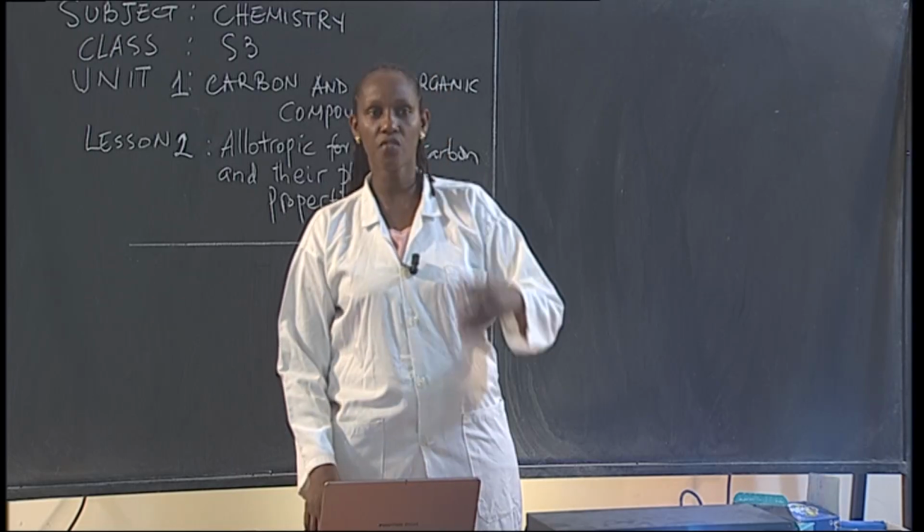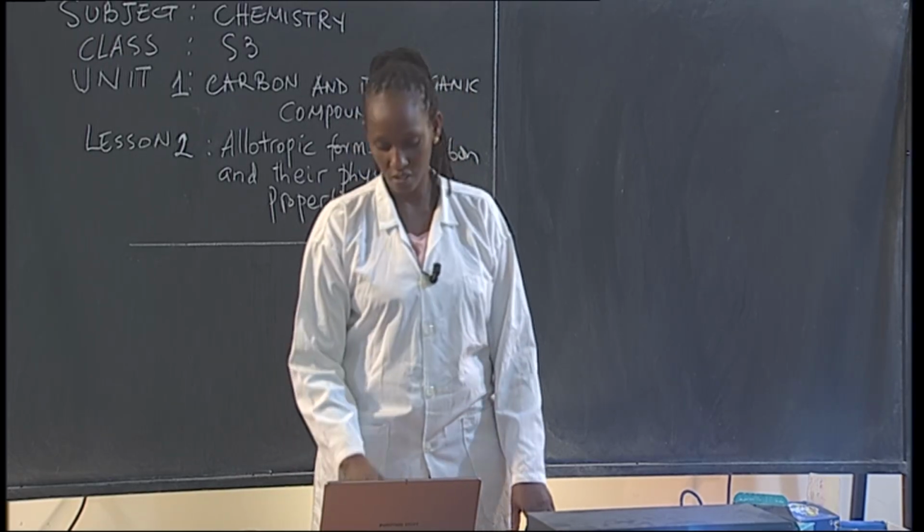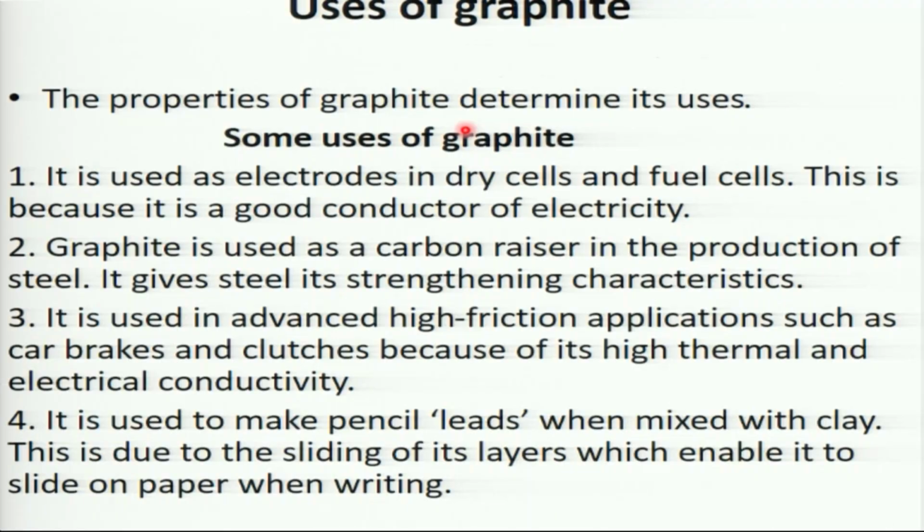The properties of graphite determine its uses. That's what I've started with. The properties of diamond determine its uses. All right? The structure, the property. Remember the objective.